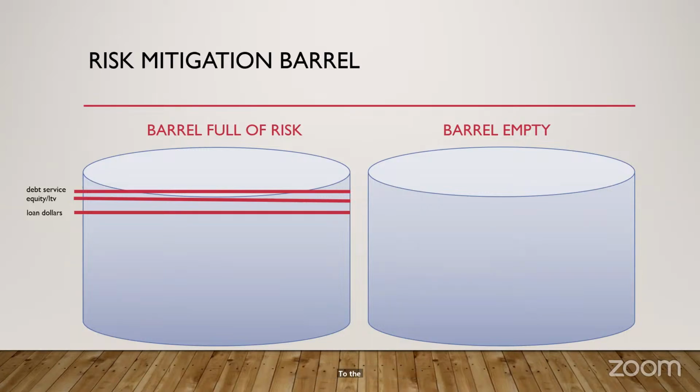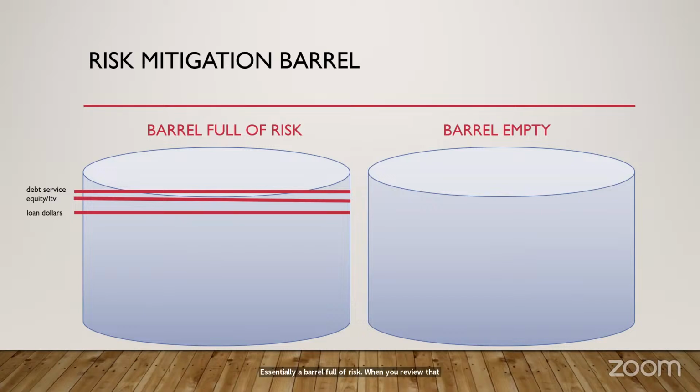So that could be, we're at 80% LTV, and debt service coverage is pretty light as well. And by seeing that debt service coverage being that close to the equity and LTV, we're looking for 1.25. This is probably looking at like either 1-to-1 or maybe 1.15. So this one is essentially a barrel full of risk when you review that.